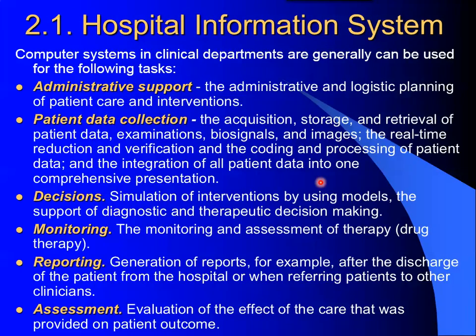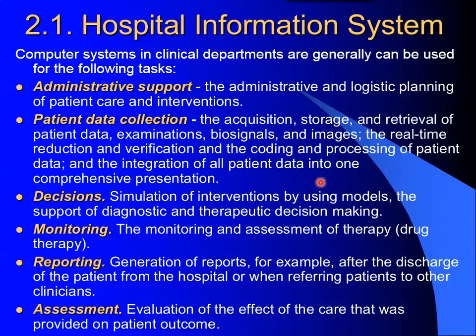As for specific tasks which could be implemented through both HIS and CIS, and especially with emphasis on HIS: administrative support, patient data collection, decision monitoring, reporting, assessment. Okay, so here the emphasis is on administrative support. So this list fits a hospital information system, or HIS.